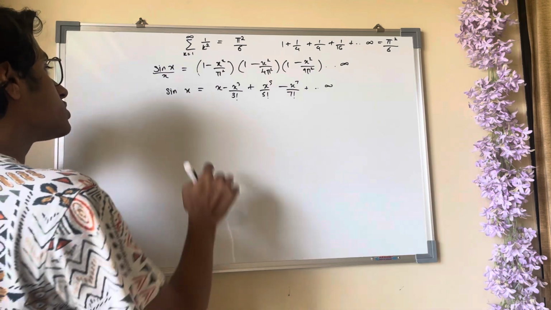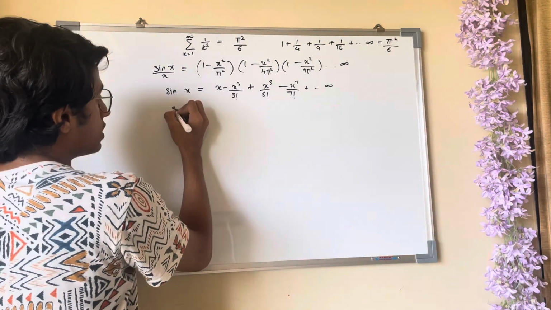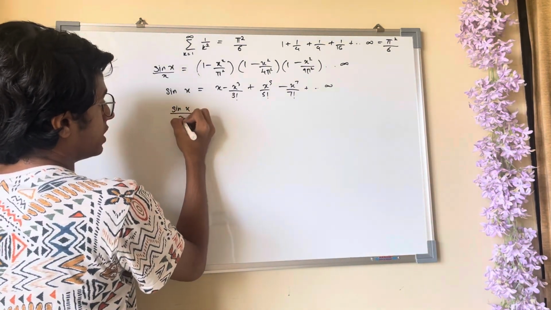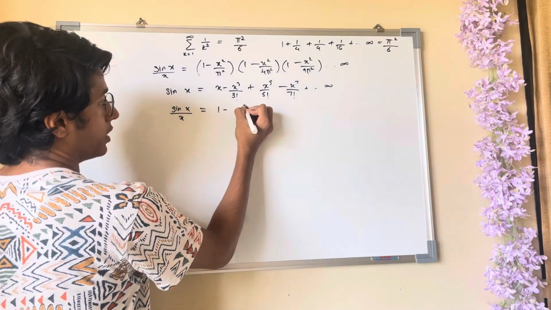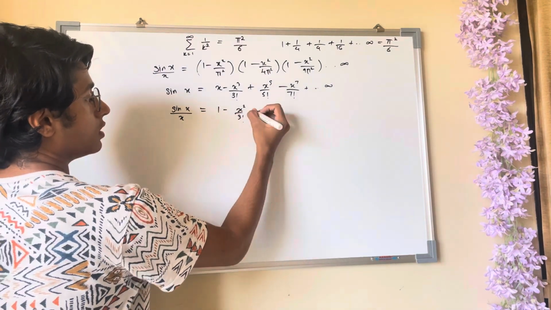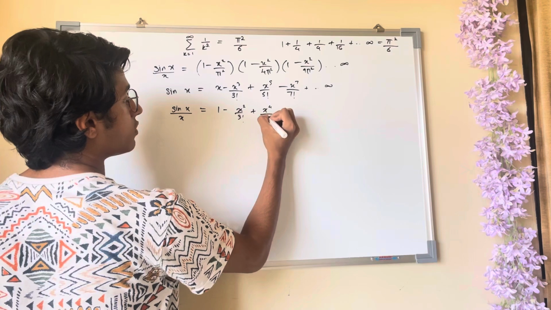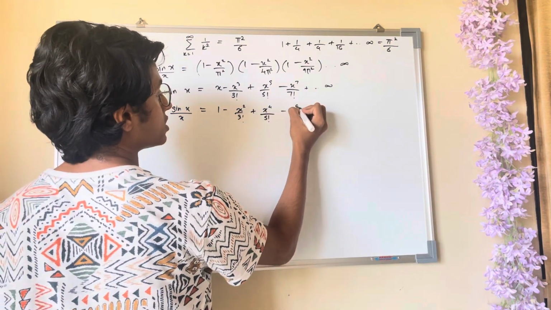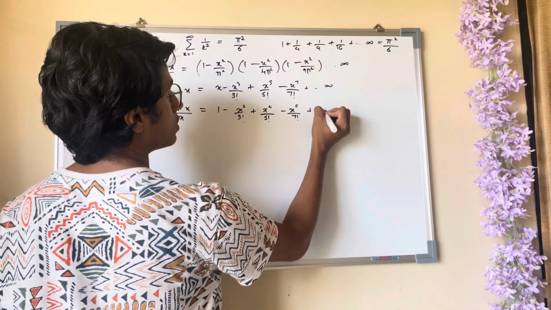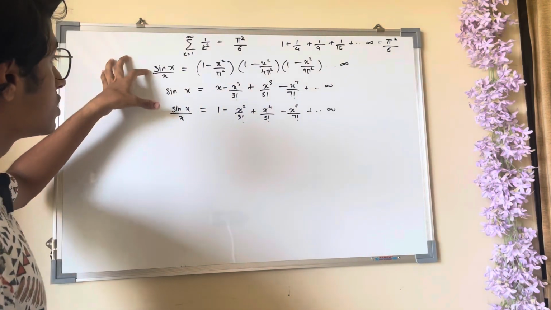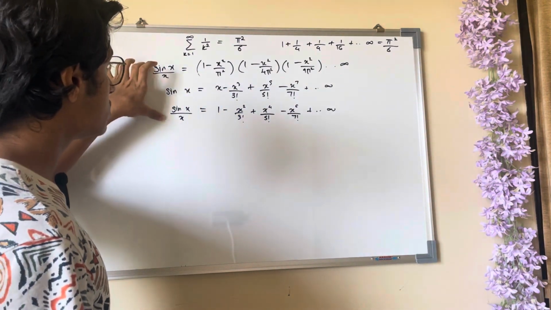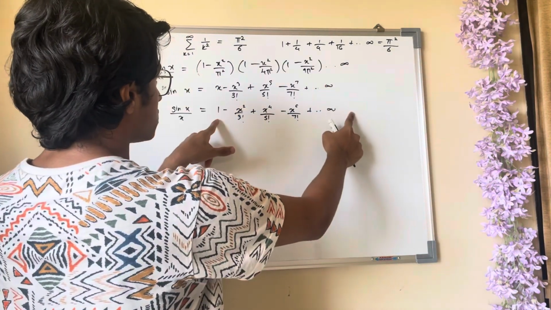If we divide by x on both the sides, we get sin x by x equal to 1 minus x square by 3 factorial plus x power 4 by 5 factorial minus x power 6 by 7 factorial, and so on till infinity. Since sin x is the same in both of these equations, we will get that RHS of both the equations are equal.